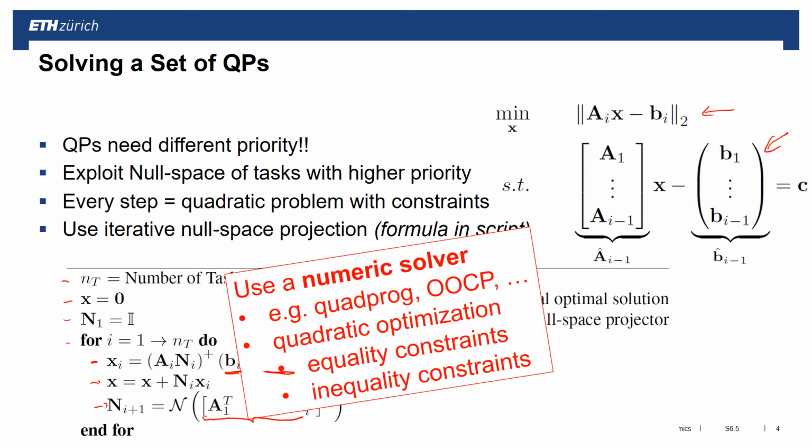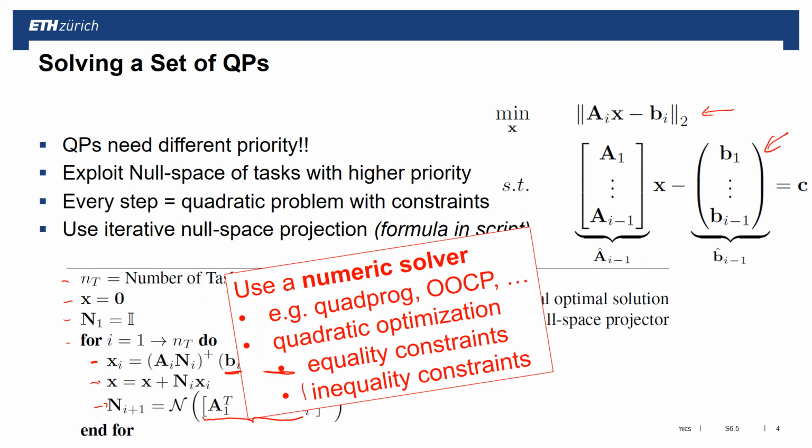What people most of the time do is resort back to efficient implementations of numeric solvers, for example quadprog, OOQP, whatever. What they are doing is solving quadratic optimization problems with equality constraints that we have seen already here.